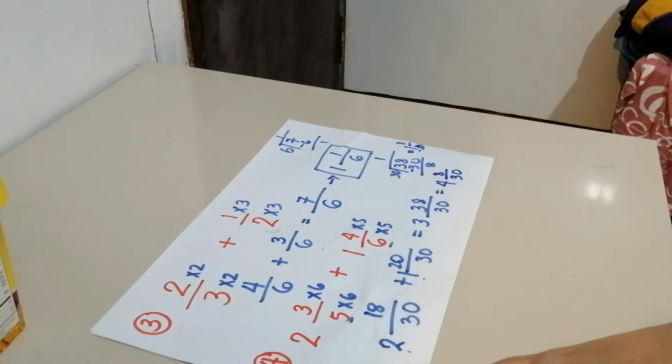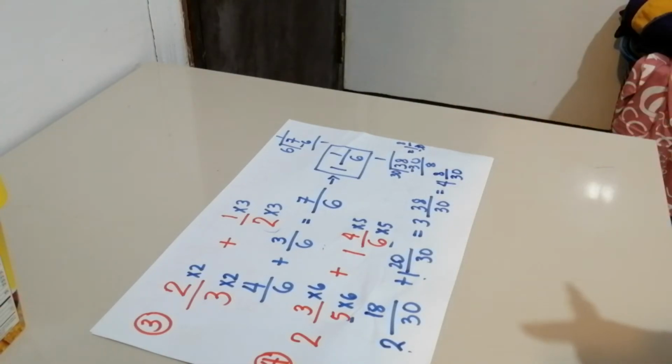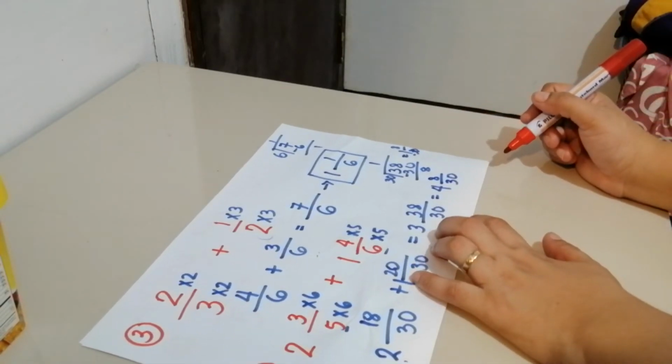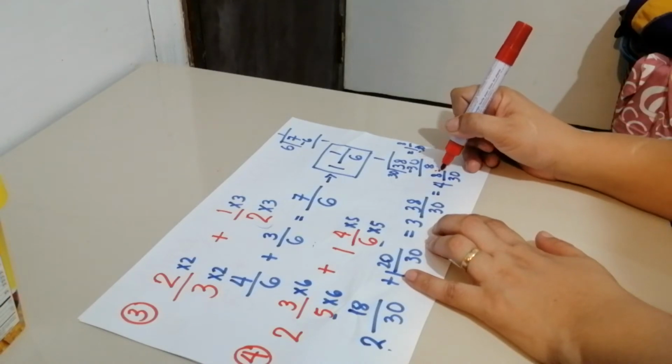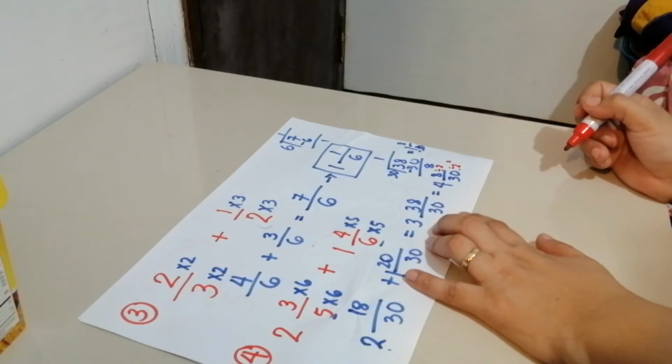But then again, 8 over 30 here is not the lowest term because 8 and 30 can still be divisible by what number? Both of them can be divisible by 2. So, i-divide natin siya by 2 kasi hindi pa siya simplified. Okay?